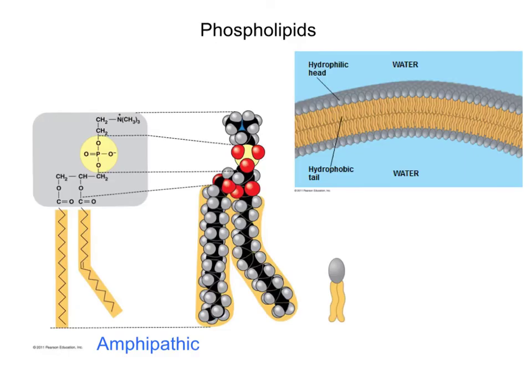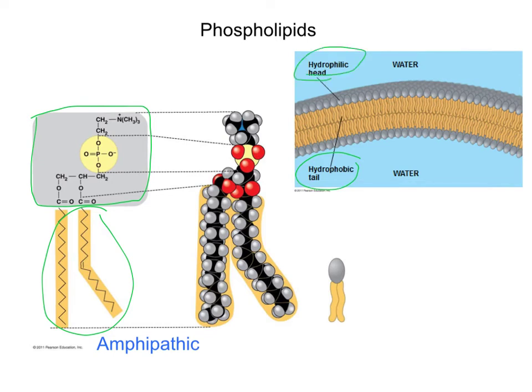So our next lipid example is a phospholipid, okay? It gets its name because obviously it has a phosphate group right here. And then it has a fatty acid tail. If you'll notice in this picture of the bilayer, your tail is hydrophobic, where your head is hydrophilic. If you remember, phosphate groups will have a charge on them, and so they are hydrophilic, they are water-loving.